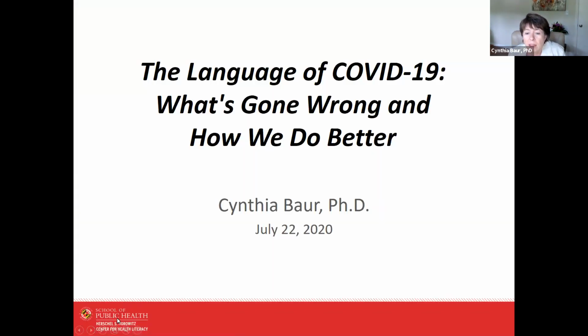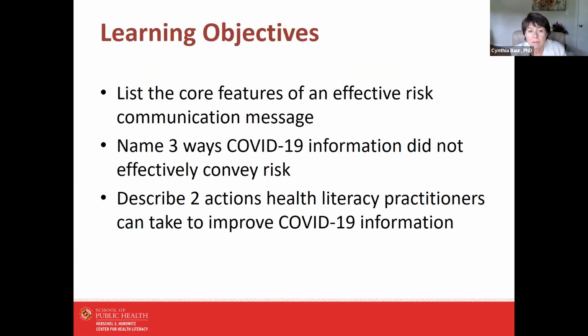So the title of this afternoon's talk is The Language of COVID-19, What's Gone Wrong and How We Do Better. I'm going to be reviewing different messages and pieces of information that have been publicly available about COVID-19 and looking at that in the context of different risk communication and health literacy concepts and principles in terms of how that communication has gone.